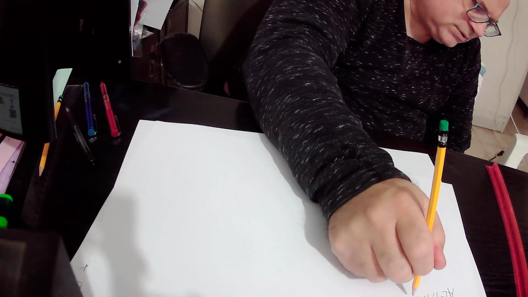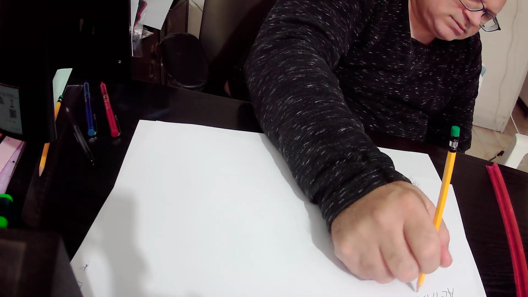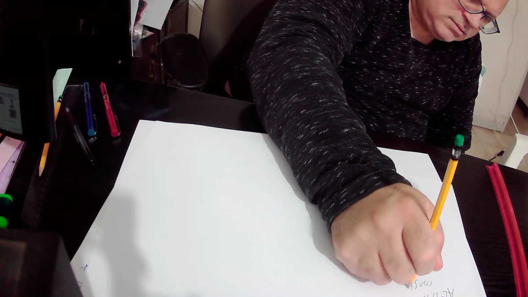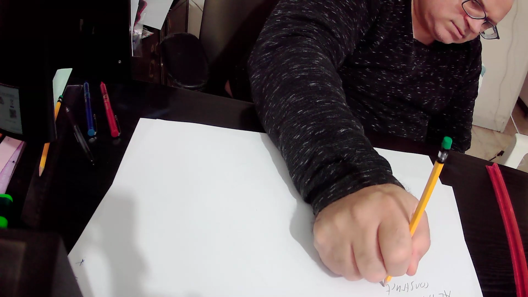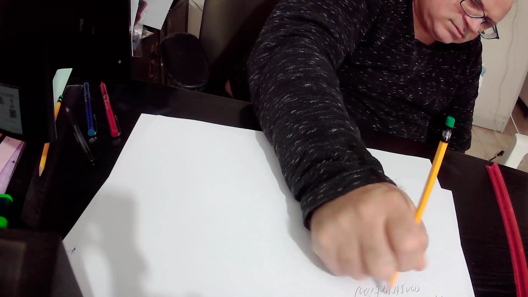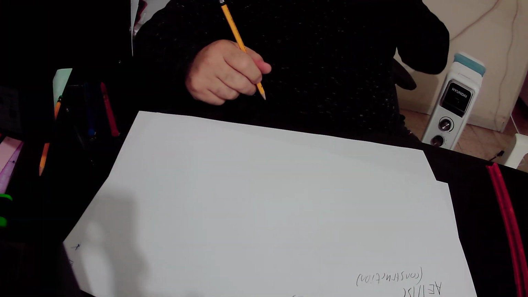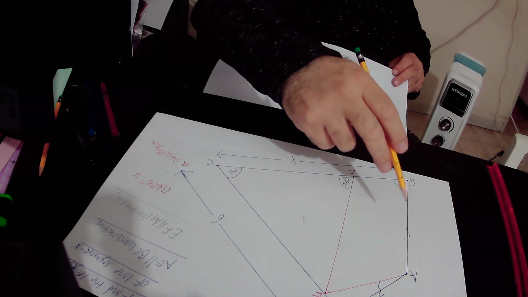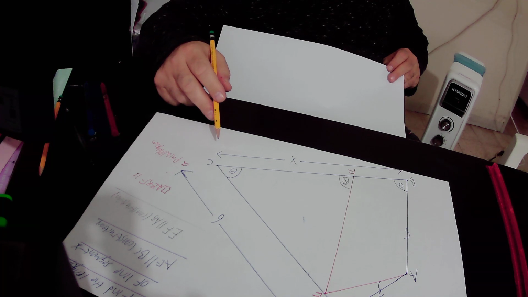According to our construction, I'll repeat again, side AE is parallel to side BC according to our construction.